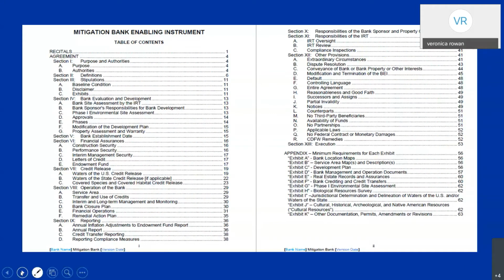As you can see, there's a lot of detailed information on how the bank operates, and other things required, such as the responsibilities of the bank sponsor and the funding information. It's a fairly complex document, and I wanted to, again, stress that this is the California document.